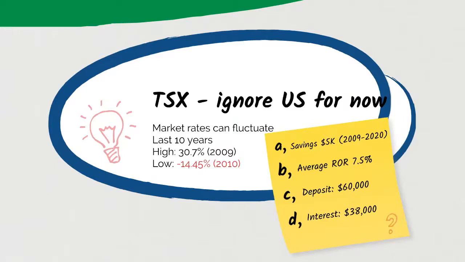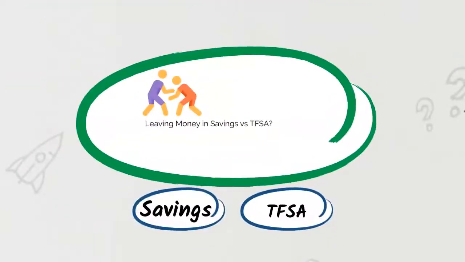The Toronto Stock Exchange, in the last 10 years, has given you a high rate of return of 30.7%, and sometimes a negative rate of return because the stock market fluctuates. On average, however, let's assume that you're earning a 7.5% rate of return on the stock investments through your TFSA. The same $60,000 deposit would earn you interest of $38,000.